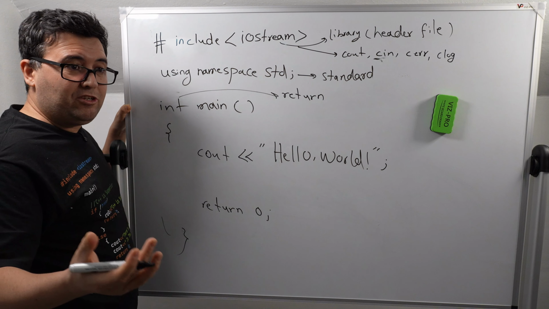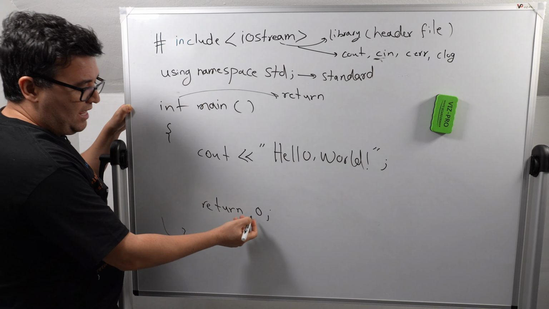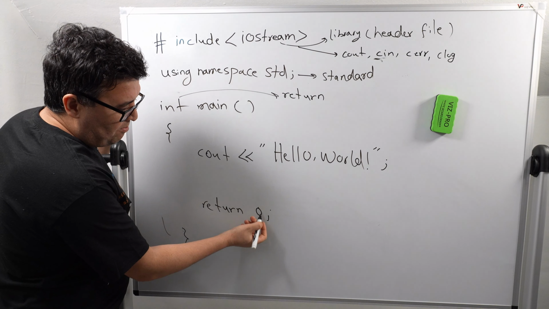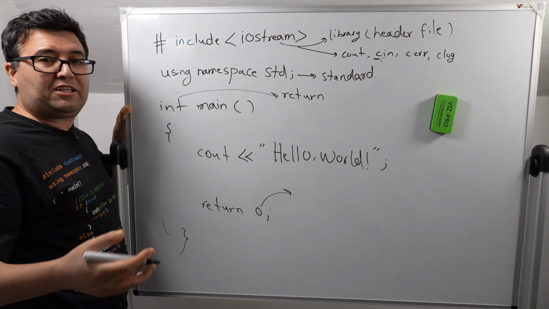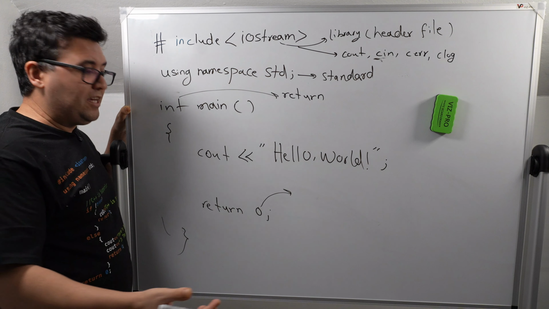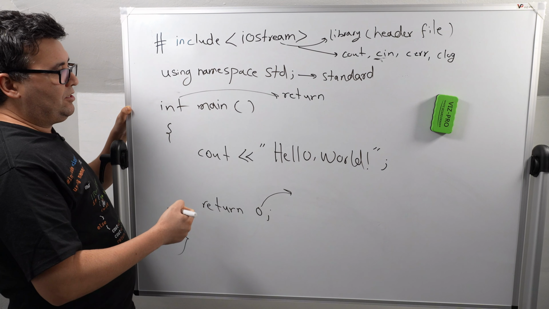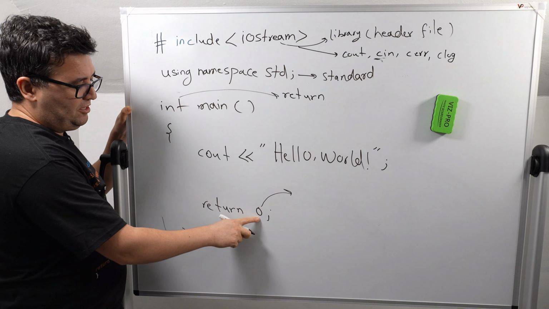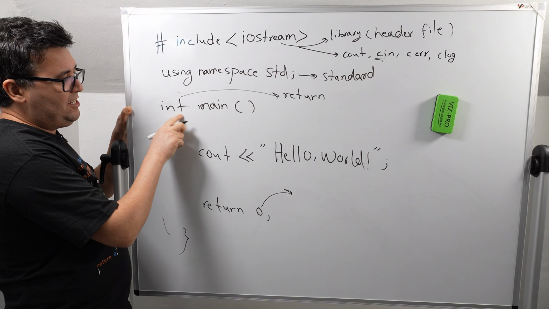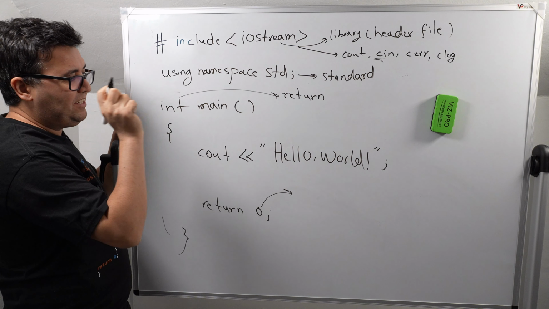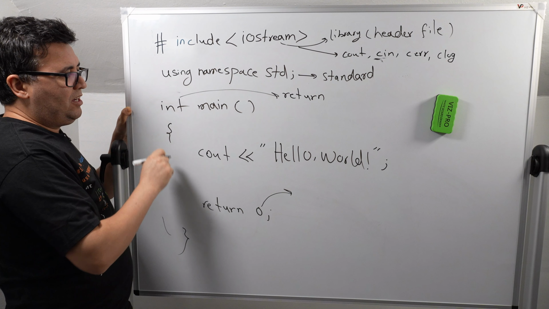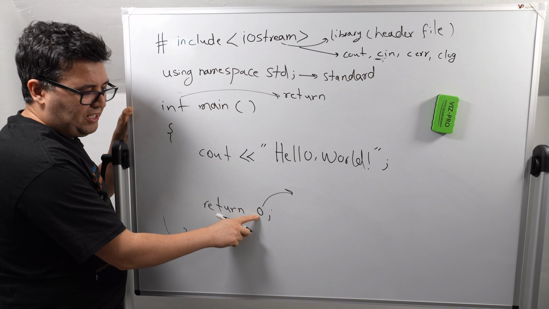Returning 0 tells the operating system that this program was successfully executed, so there is no error in this program. The int here means that the main function returns an integer value, a whole value, so we return 0.